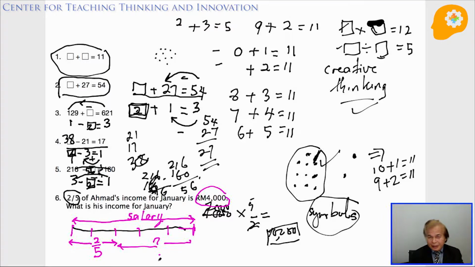You have to question your daughter or your kids. Or is it here under 2 over 5? Some may say here. If they say here, why? You put here as 4,000. Why? But the question says 2 over 5. Are you sure it's here?